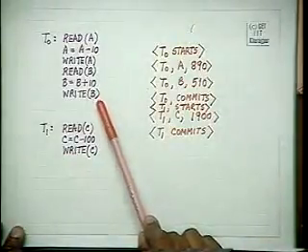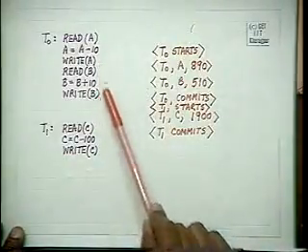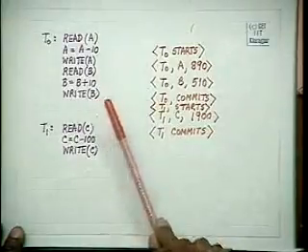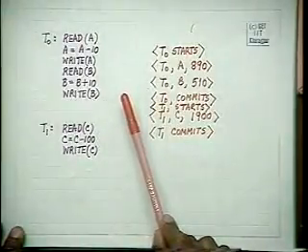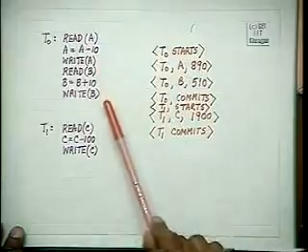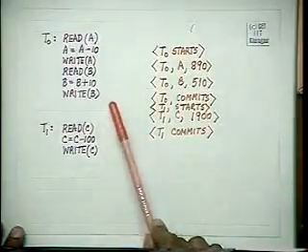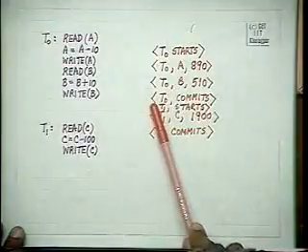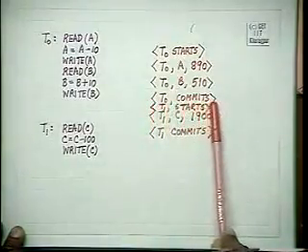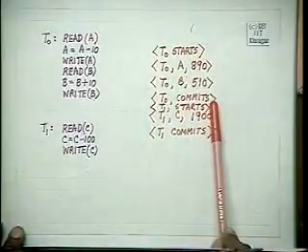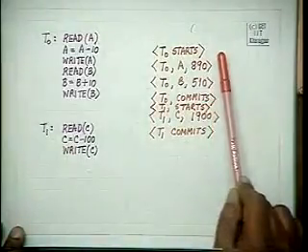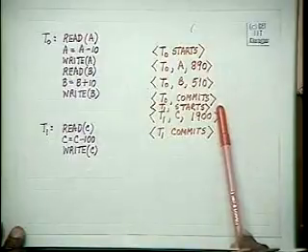After this, the actual effect of write A and write B will be written onto the database disk. After A and B are actually written onto the database disk, the transaction will commit, and when the transaction commits, the T0 commit log record will be written onto the stable storage. This is the sequence of deferred database modification.